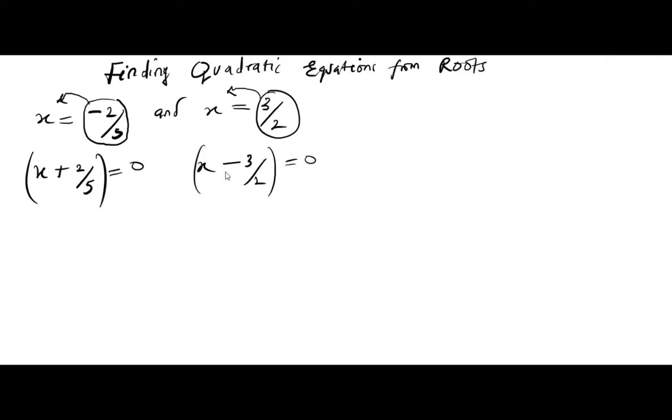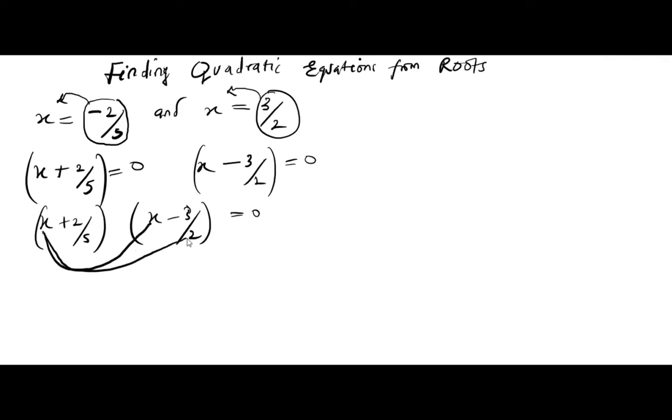This forms another factor. So you multiply the two factors: x plus 2 over 5 times x minus 3 over 2 equals 0. In multiplying these two binomials, you use each term to multiply each of the other terms.